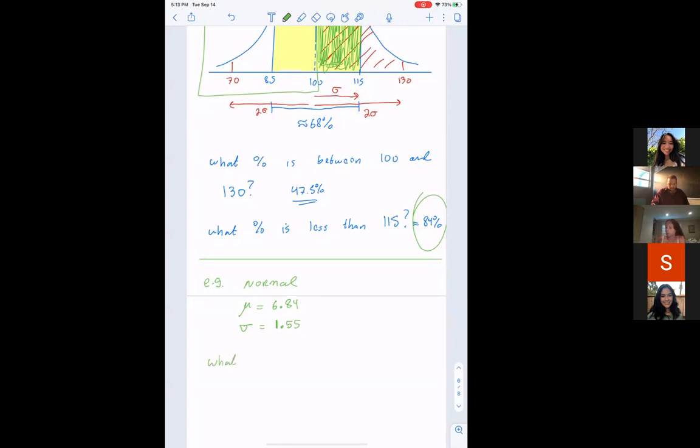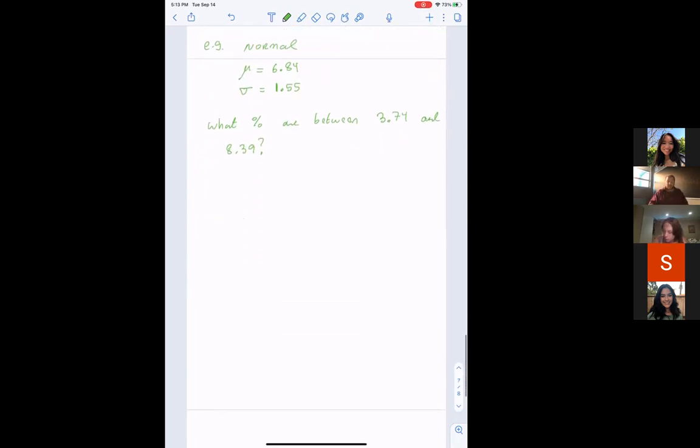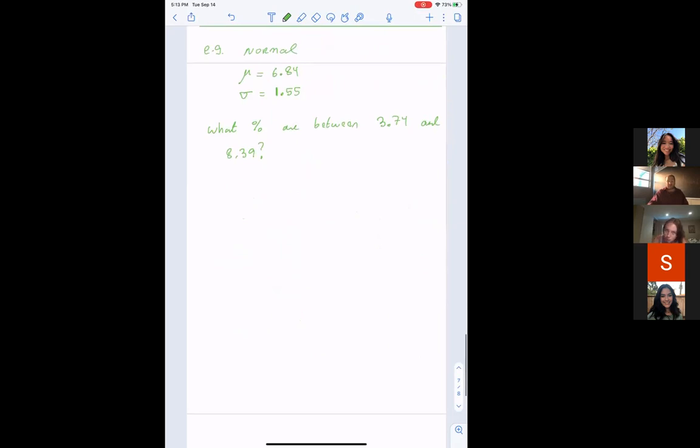What percent are between 3.74 and 8.39? What percent are between 3.74 and 8.39?